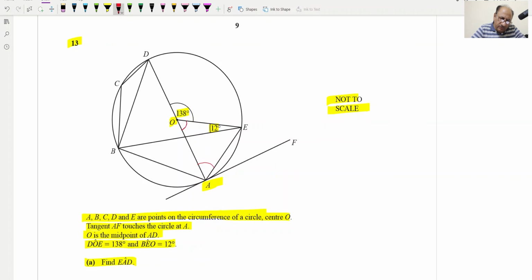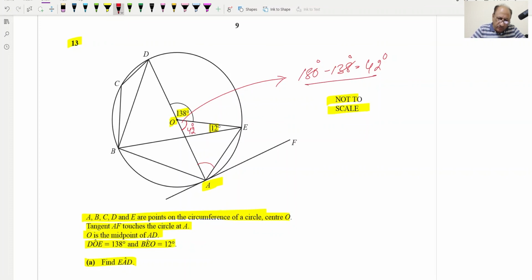This angle will be 180 minus 138 degrees. I will write the working here: 180 minus 138 degrees, and this will be equal to 42. So this angle is 42 degrees.